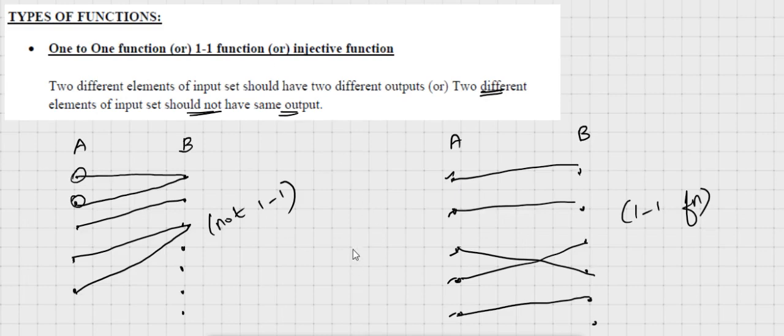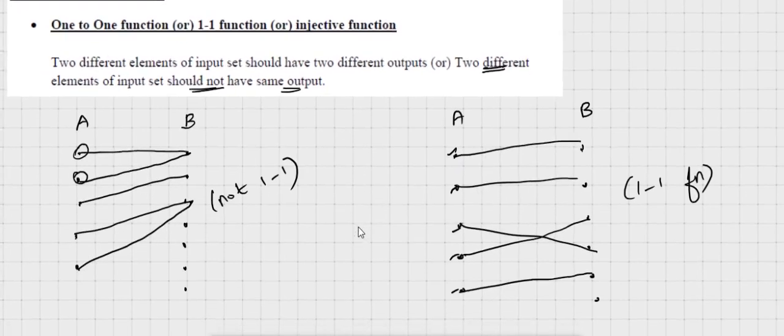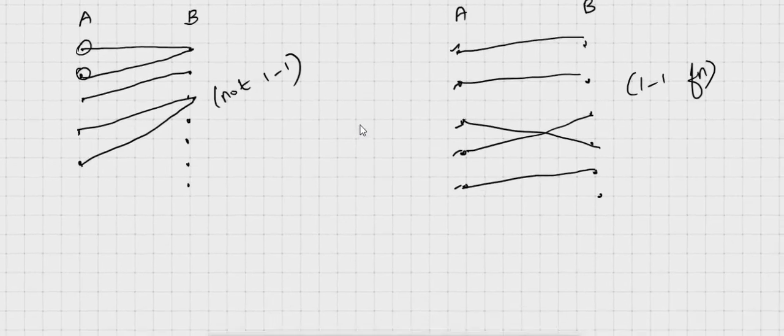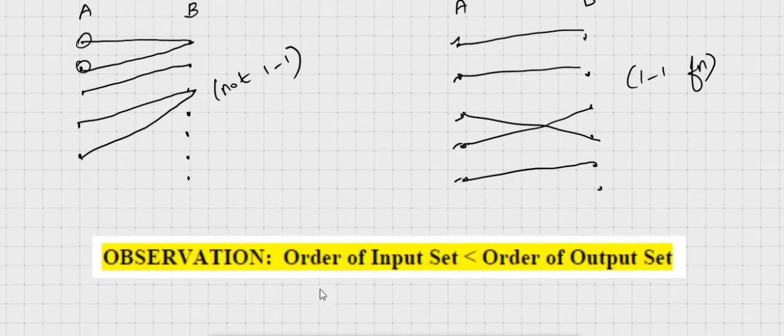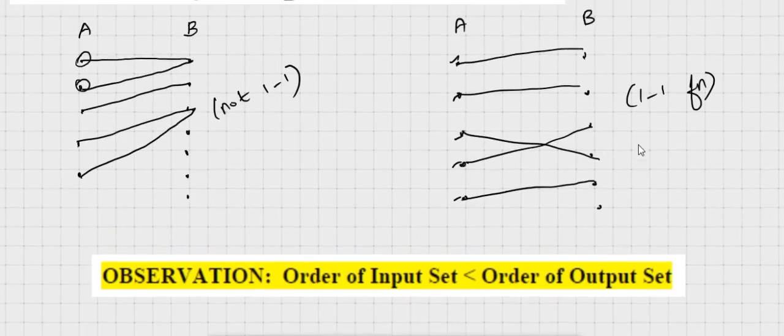Now I am going to tell you a very important observation. If the function is one-to-one, consider the order of the input set. Order means the number of elements. Here what is the number of elements of A? It is 5, right?